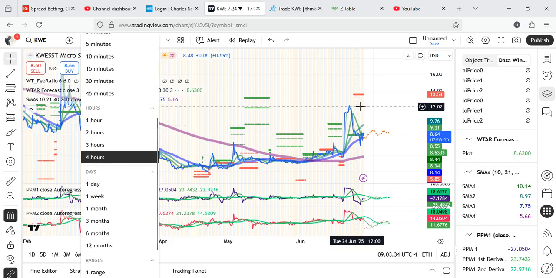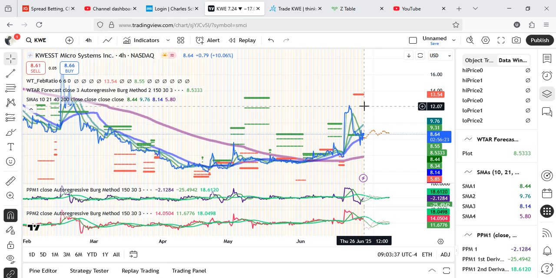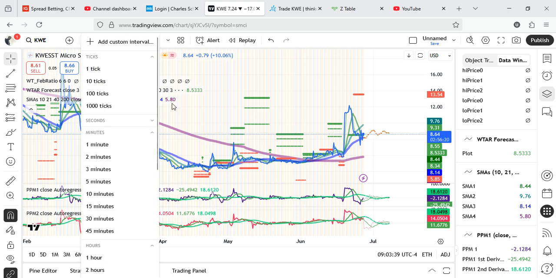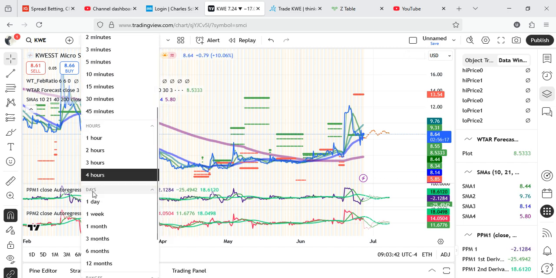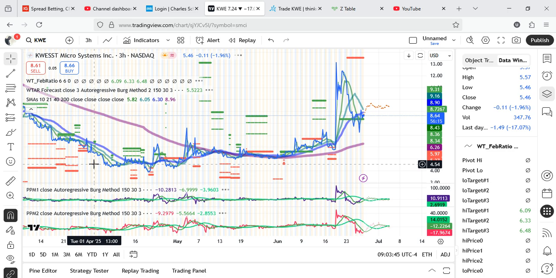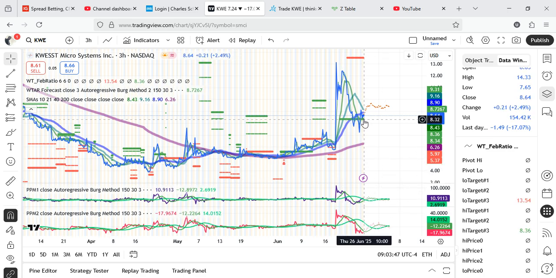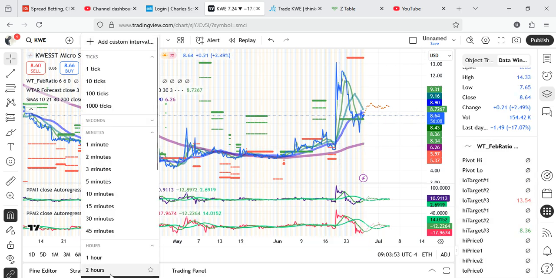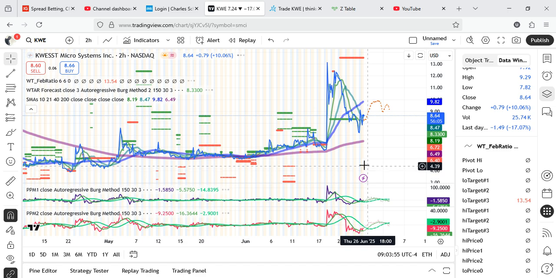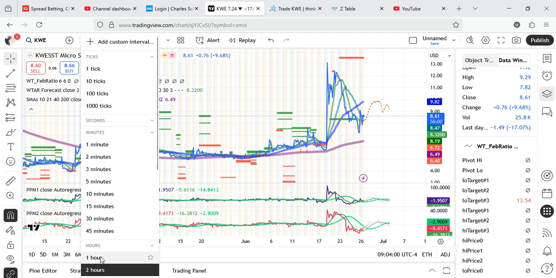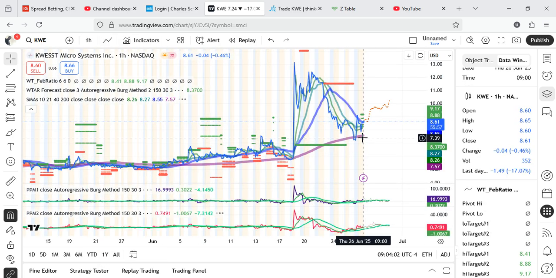The upper projection is 13.54. On the 2-hour chart, we have 13.54 as well. On the 1-hour chart, we have 8.41, 8.88, 9.14.